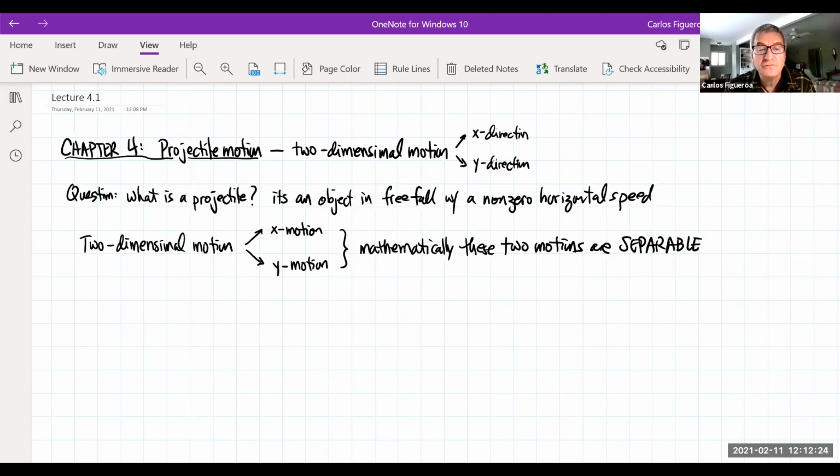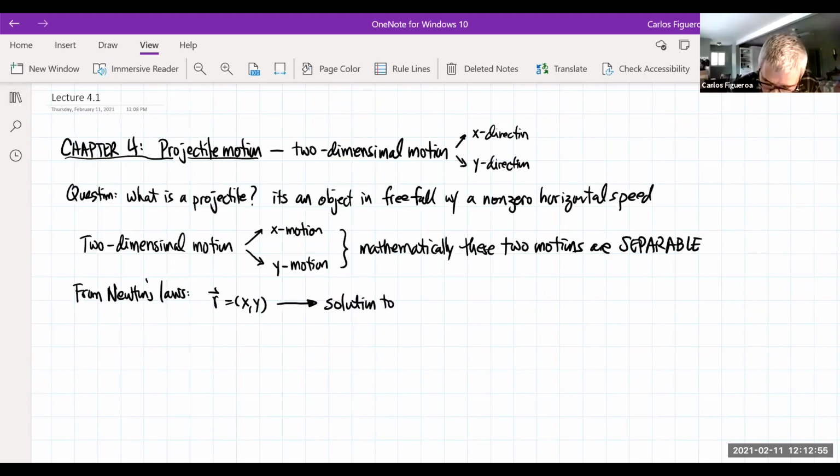But this is what we find here: from Newton's laws, we have its position, its displacement vector, typically written R. And when you get the solution to this trajectory, that means you have a solution to this type of motion.